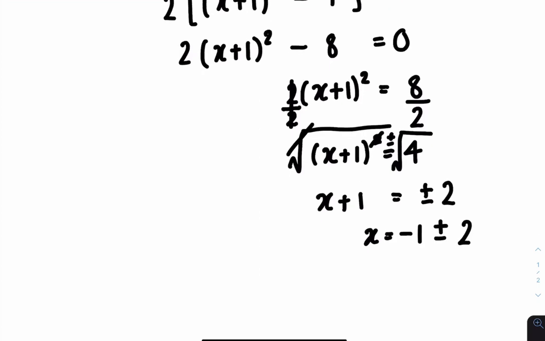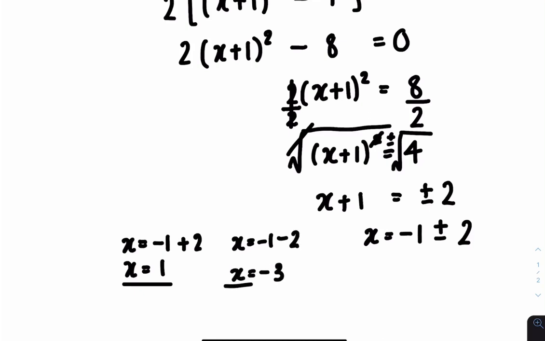Therefore, your two solutions are x equals minus 1 plus 2, which is x equals positive 1, and x equals minus 1 minus 2, which is x equal to minus 3. And they are your final two solutions.